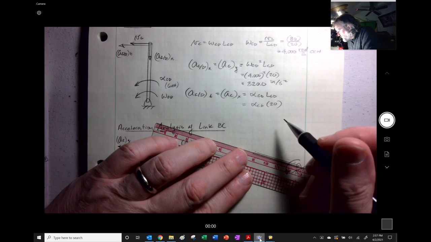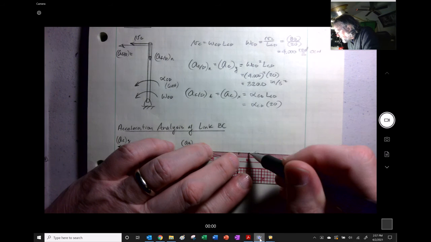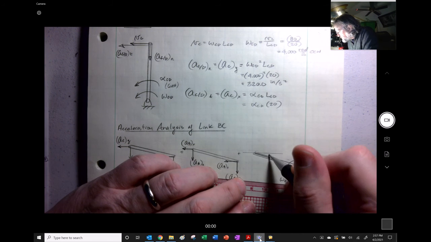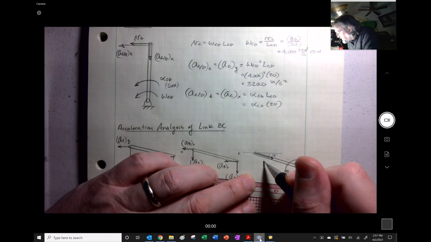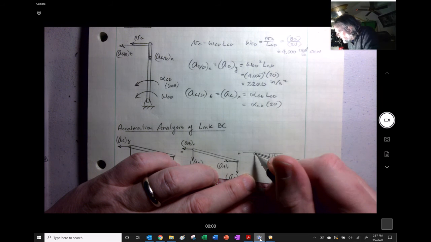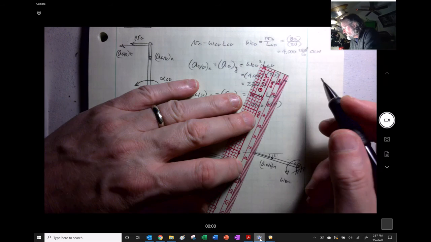It's going to have a normal acceleration, and it's this right here. It's going to be orange, so that's 15 degrees. So this is the acceleration of C with respect to B in the normal direction.